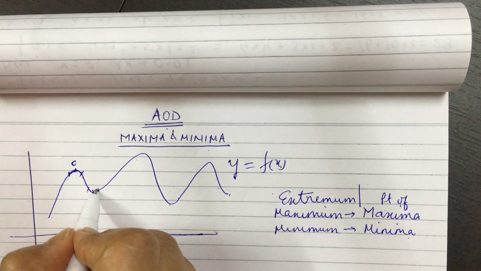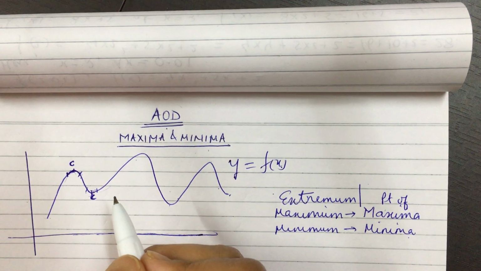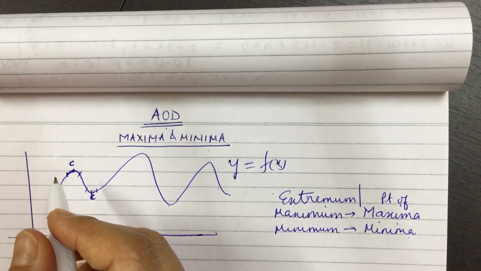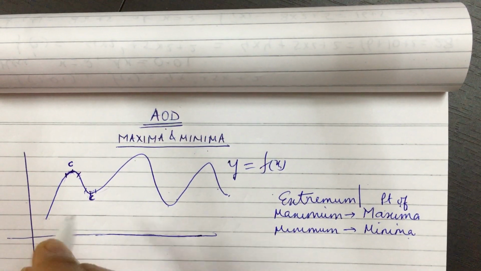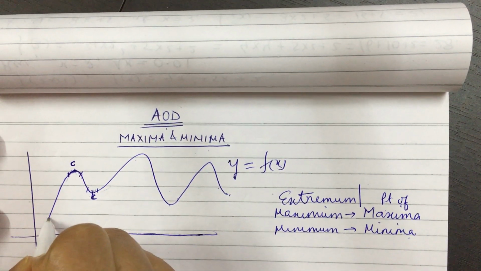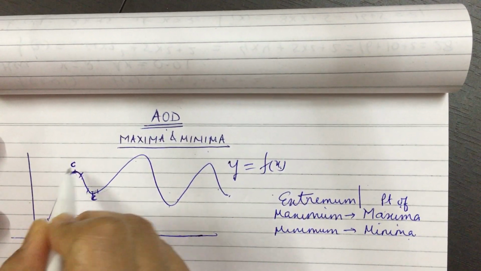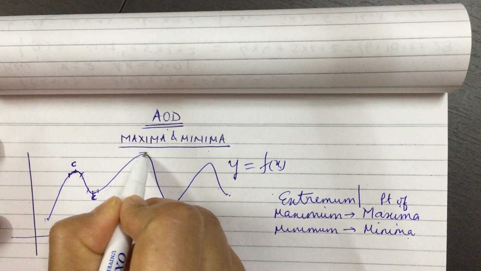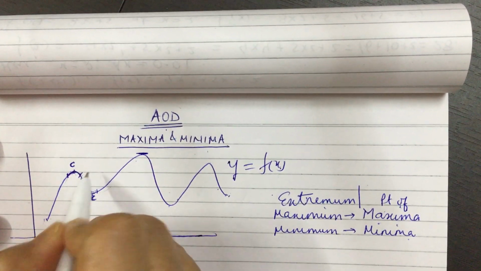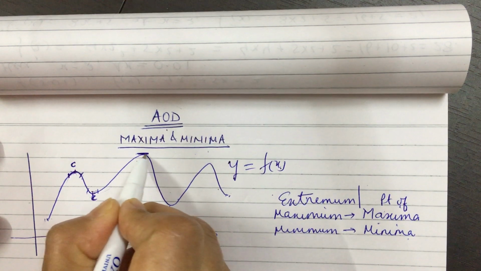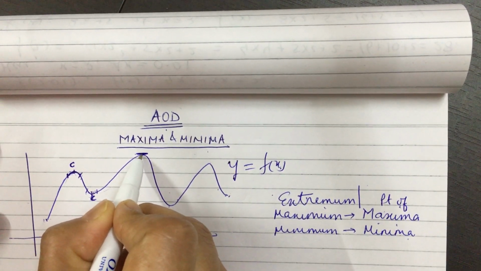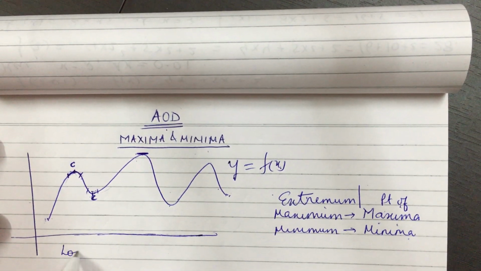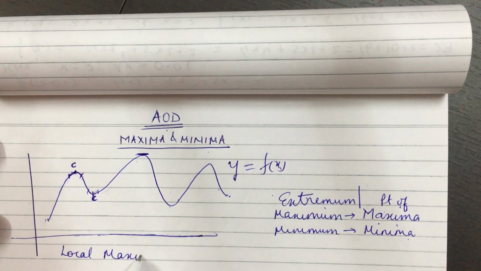Now, if you consider the entire function as a whole in the whole domain, whichever point gives you the maximum value is called the point of absolute maximum, whereas each individual maximum point is called a local maxima.